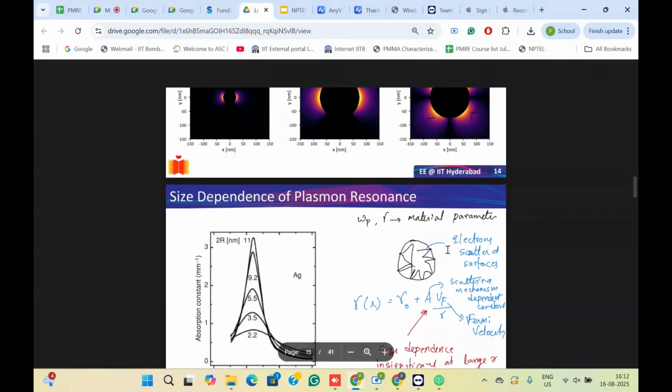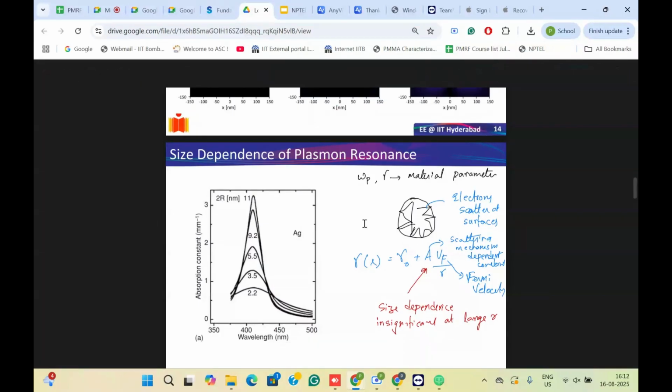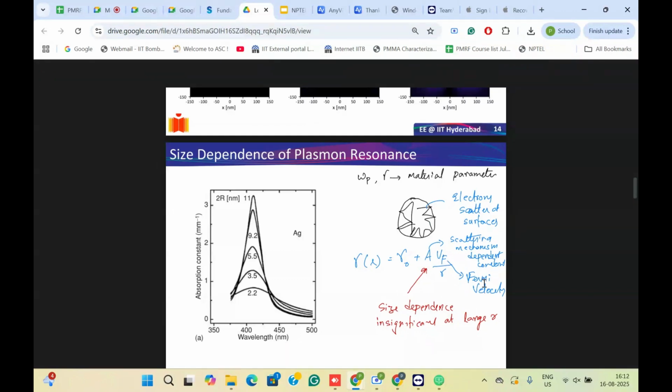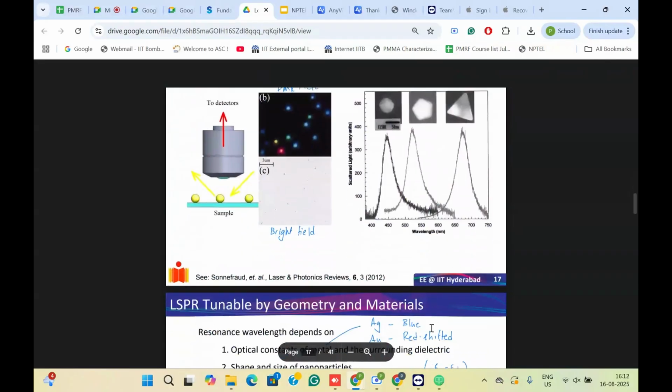So we saw that this is the size dependence of the resonance. And electrons scatter at surfaces. It is given by gamma(r) is equal to gamma naught plus A vF upon r, where vF is the Fermi velocity, and A is a scattering mechanism correction. So this will be size dependent. This A will change with size.